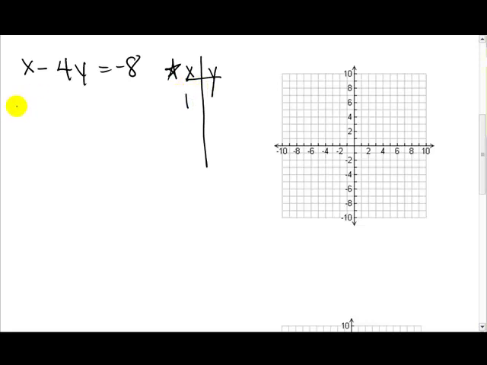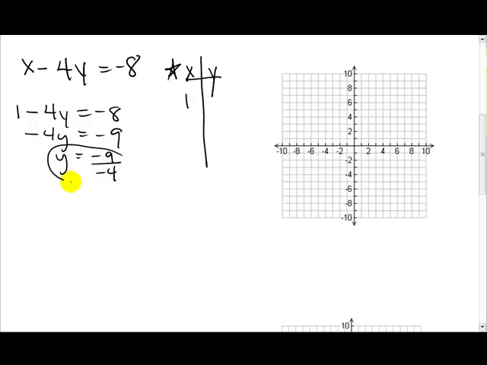We have 1 minus 4y equals -8. Subtract the 1. Divide by -4. And you're going to have a fraction that we can't graph. Not with just our paper and pencil here.